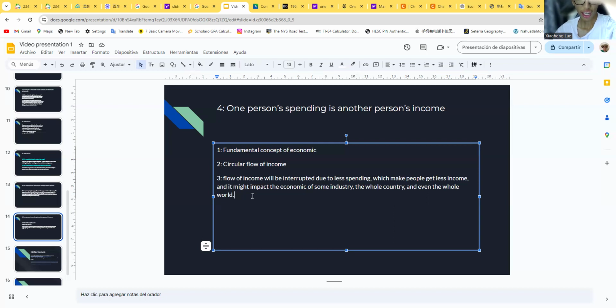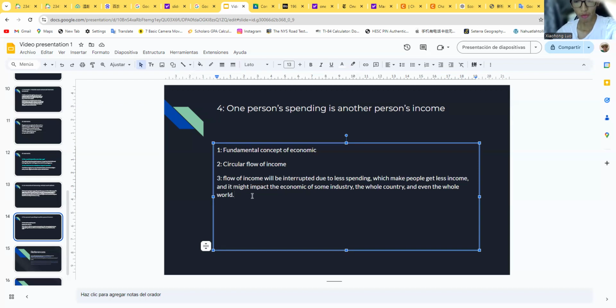And actually most people in China are unemployed. I mean, if I'm not wrong, there are 20% of Chinese people in China who are unemployed, which means they have little income.